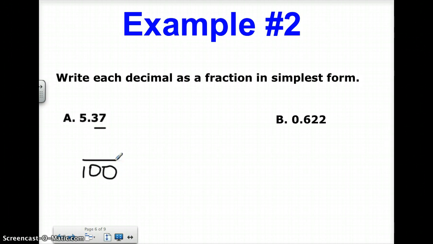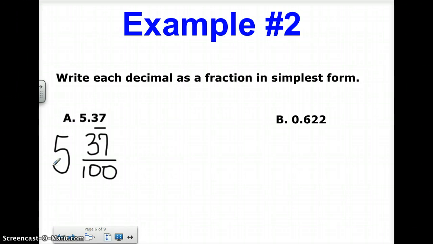All numbers that are located to the right of the decimal point are now placed above the 100, and all numbers that are located to the left of the decimal are whole numbers. Can 37/100 be reduced to lowest terms? It cannot. 37 is a prime number. There's our final answer.